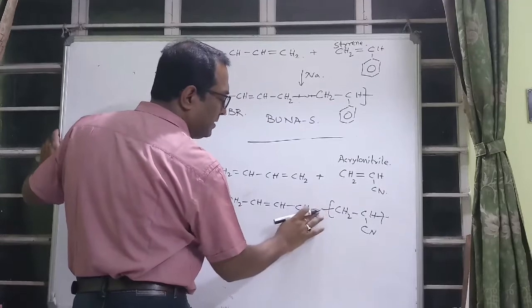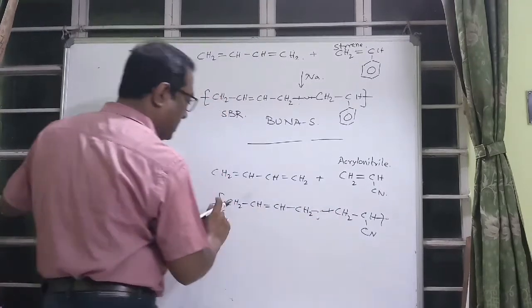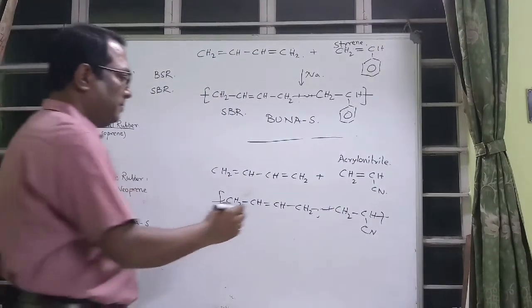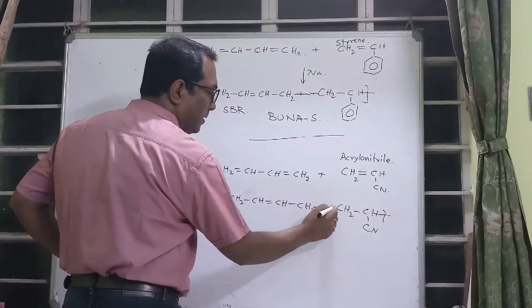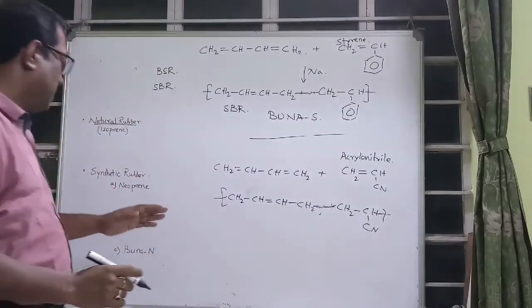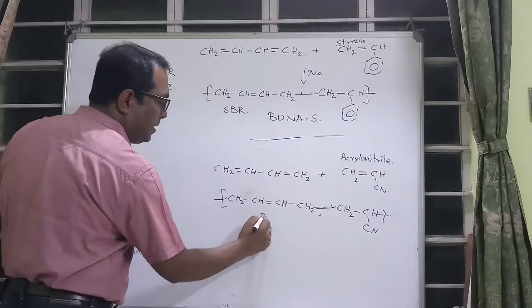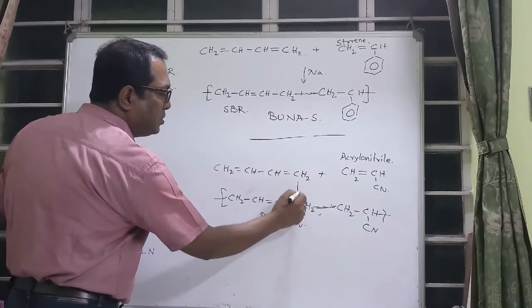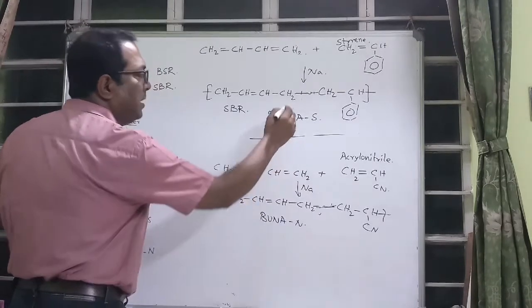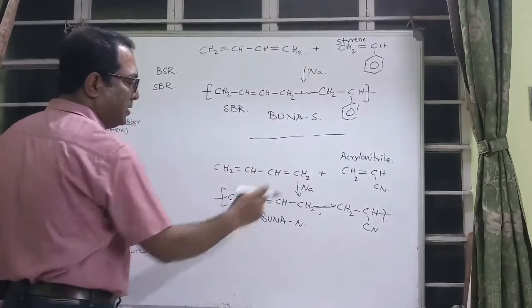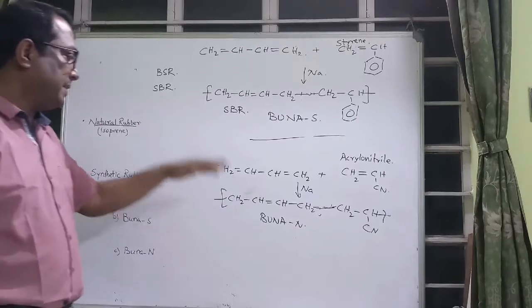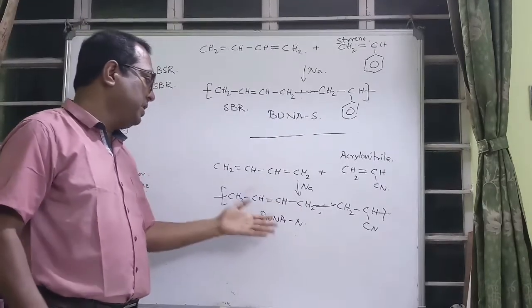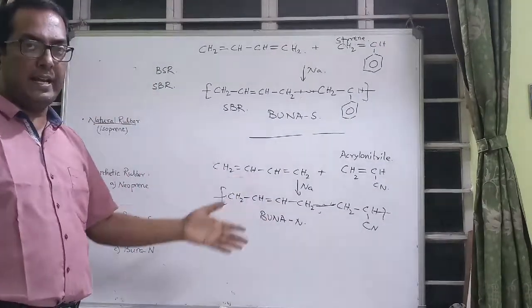So when it joins hand, they form a single monomeric unit, and this is what we call it as Buna N, B-U-N-A, Buna N. Why it does? Because you require here the sodium, here also you require sodium. So in the presence of sodium and at a very high temperature and pressure, it turns into Buna N.